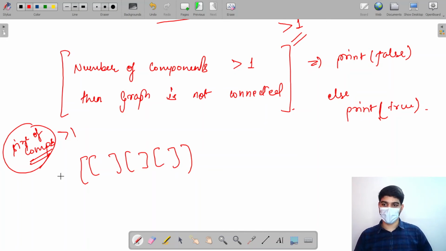So if we have size of components greater than 1, then the number of components is greater than 1, which means the graph is not connected, right? So I hope you understood the relation between this question and the previous question.